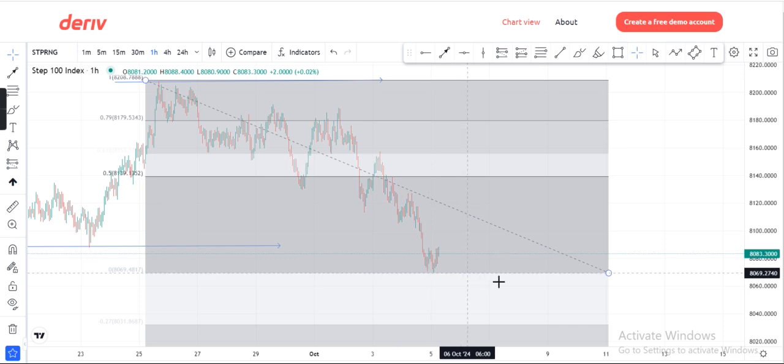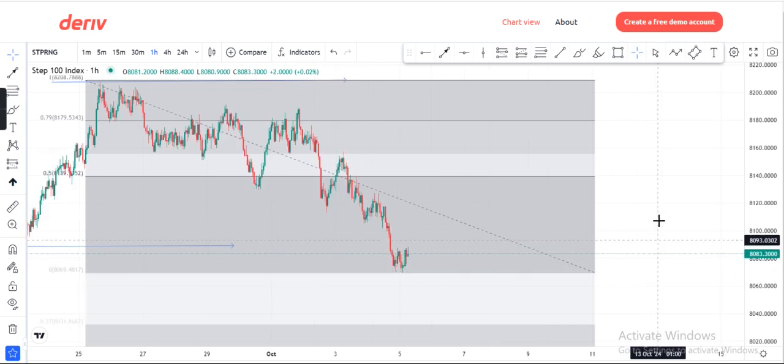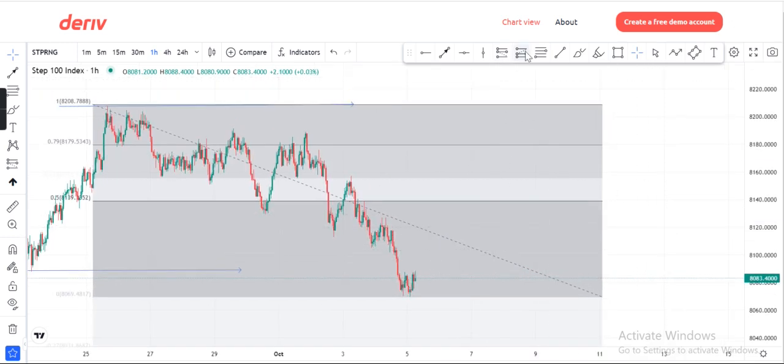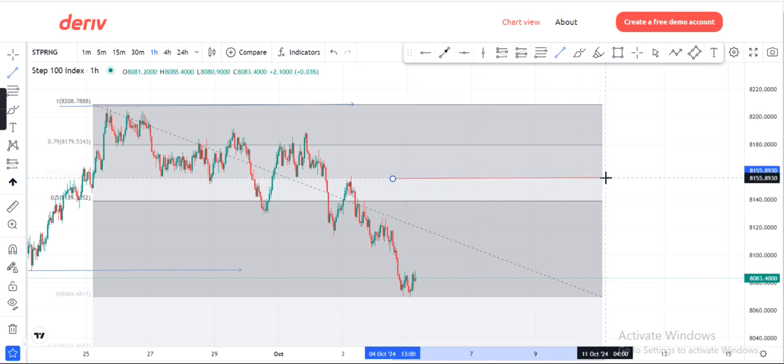So having understood that, we are clearly looking out for the market to come into this area, to reverse, for us to take our sells.